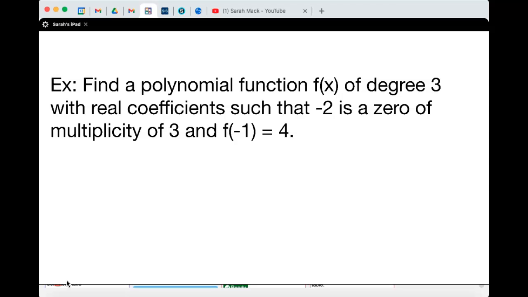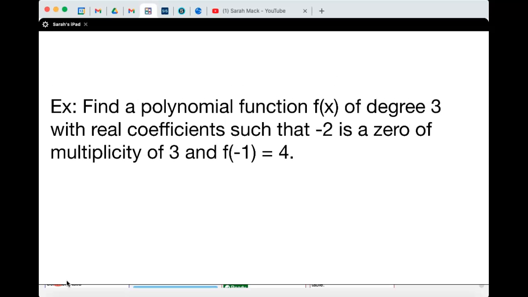So we would like to write polynomial equations based on the information that's given to us. And they could give you all sorts of random things. But for the most part, if I wanted to write a polynomial function f of x, I could write it in factored form.